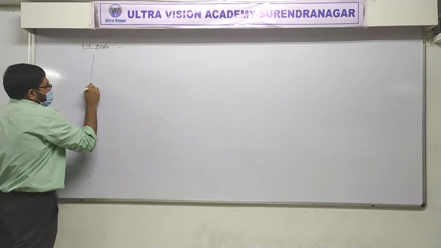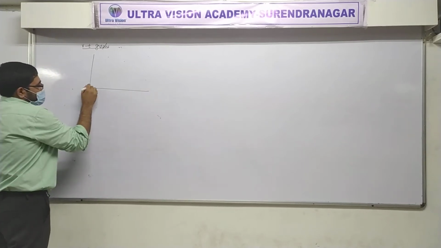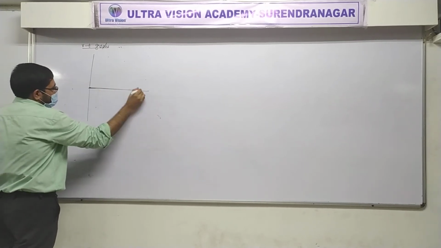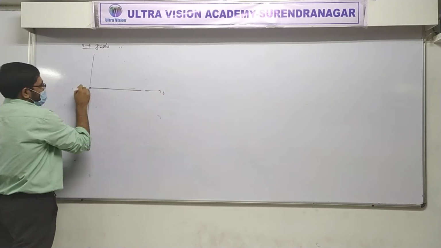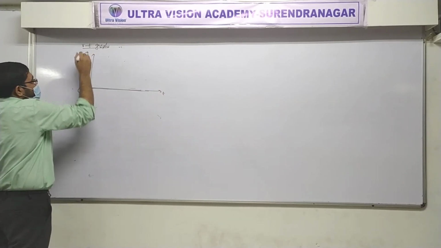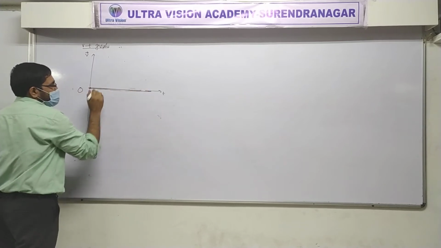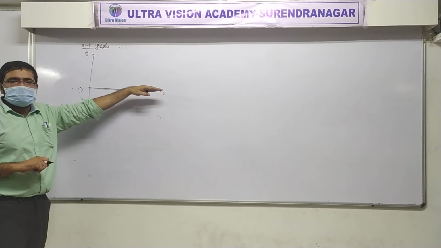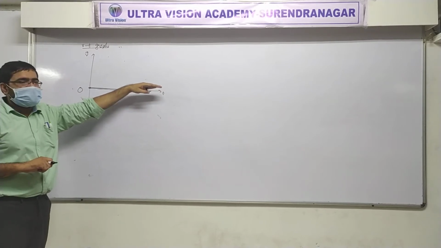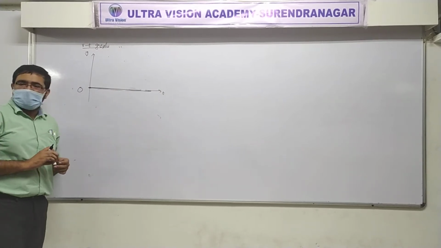So first of all, if the graph is here, a graph is itself, this is the graph, exactly on the time axis. Then what does it indicate? Object is at rest.